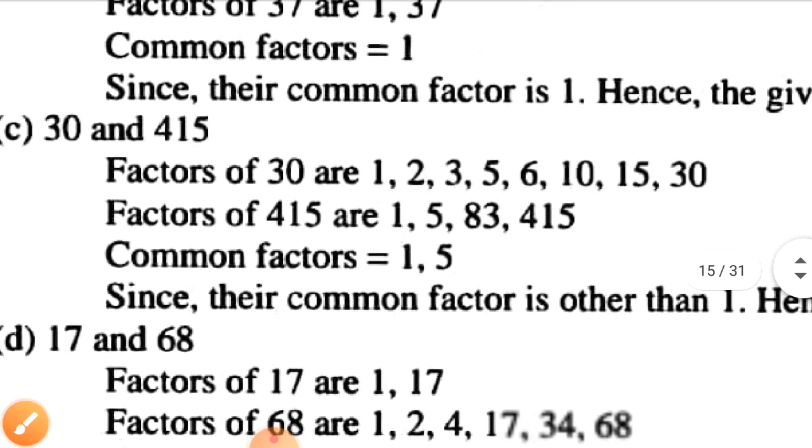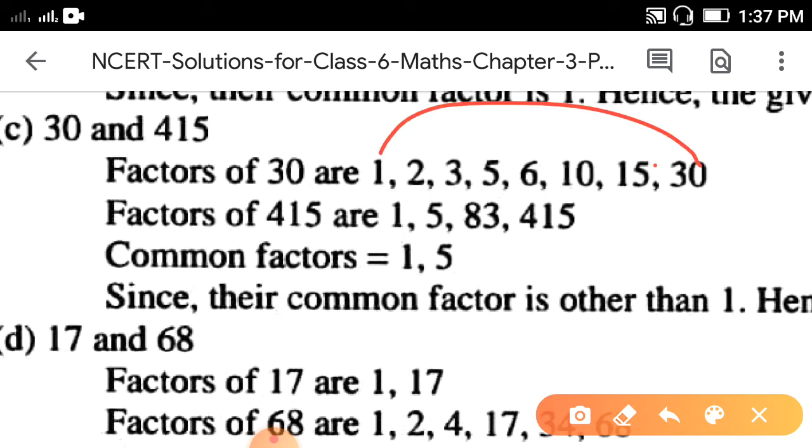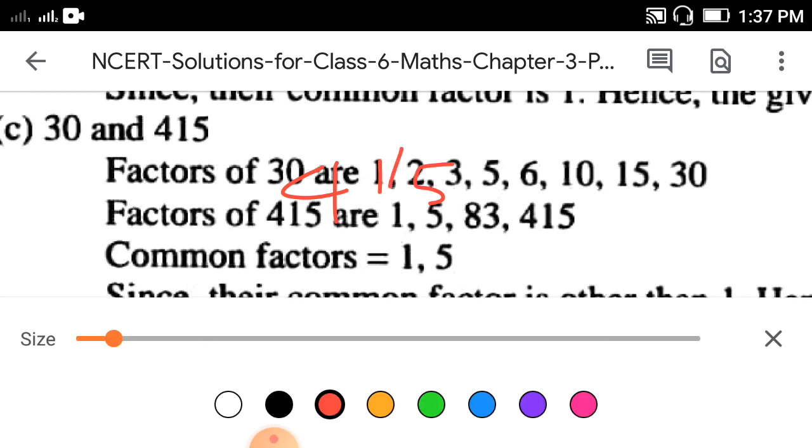Next, 30 and 45. 30 ones are 30, 15 twos are 30, 10 threes are 30 and 6 fives are 30. Then 45, 45 ones are 45, 15 threes are 45, 9 fives are 45. These are the factors. Now this is a big number, so how will you get the factors?